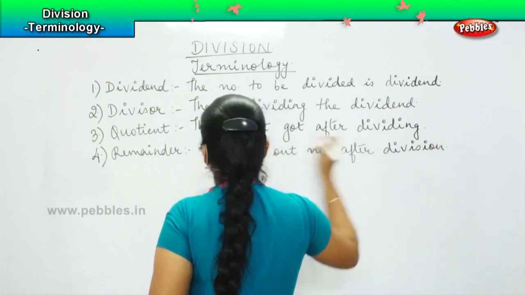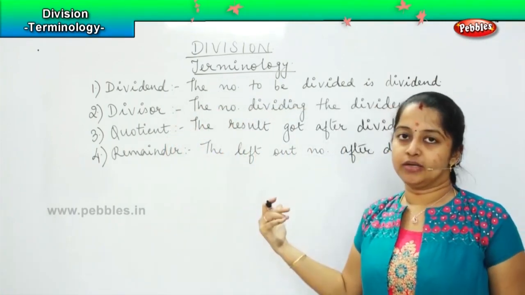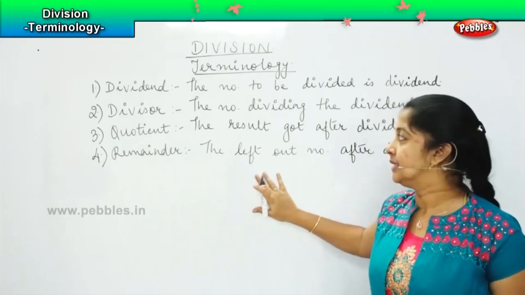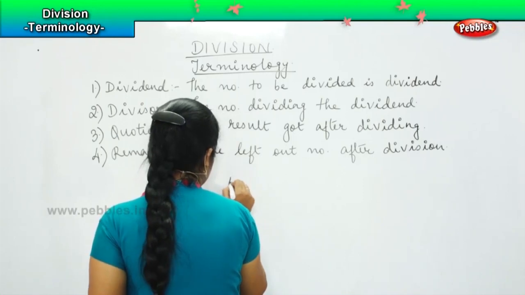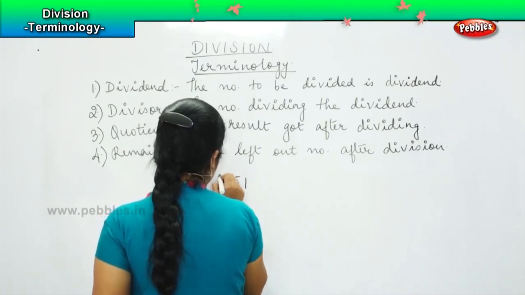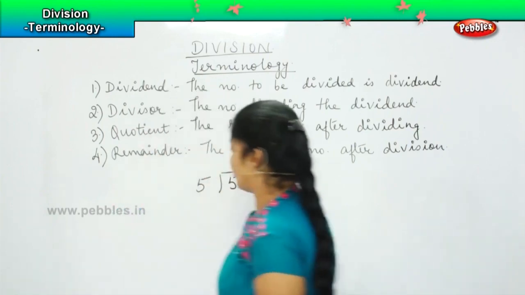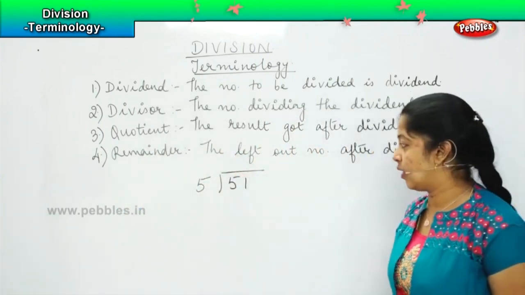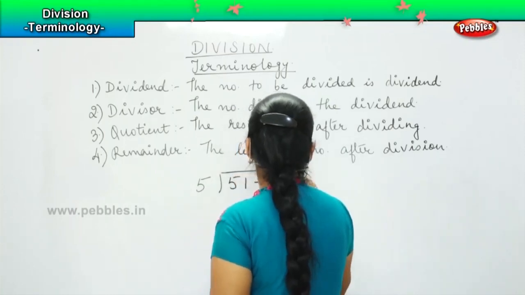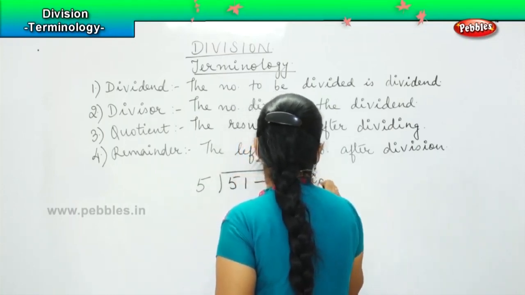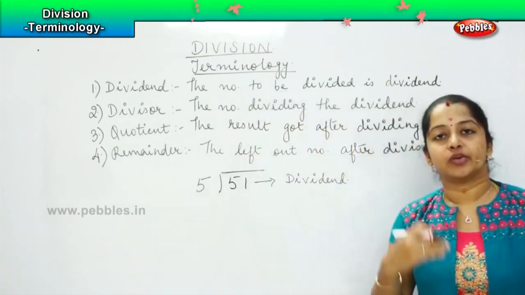Okay. Now, if I explain this concept with an example, it will be more clear. Assume that I am dividing 51 divided by, say, 5. So this 51 is called my dividend. That is the number which I am going to divide.